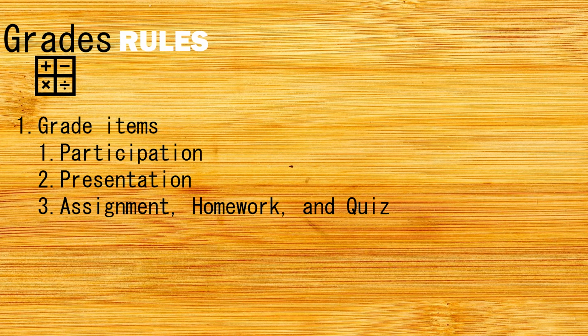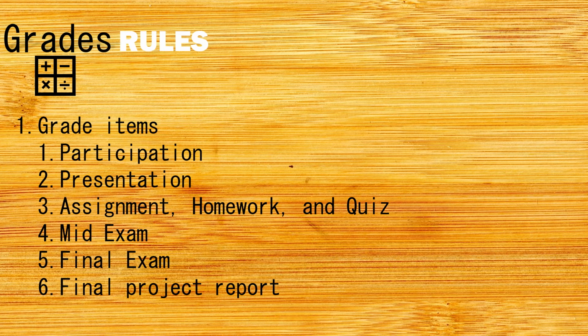Assignment, homework and quizzes, which is graded by grader and the system, worth 15 points in total. 4. Mid-exam, which is graded by the lecturer and the systems, worth 20%. 5. Final exam, similar to mid-exam. And 6. Final project report, which is graded by the lecturer, worth 10%.